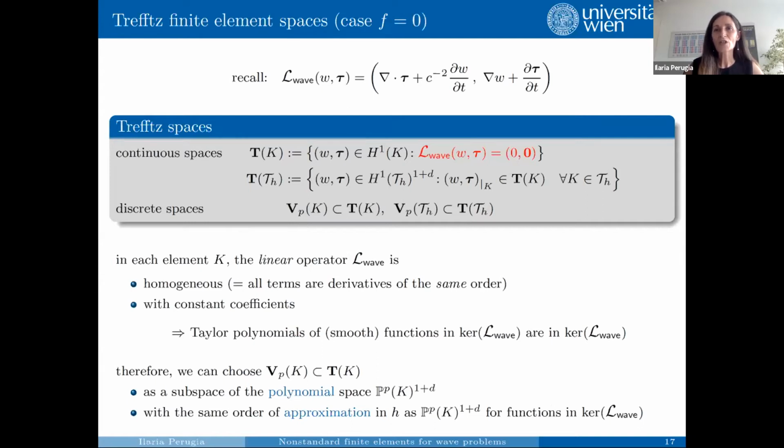So when you have functions in the kernel of the wave operator, you can reach the same accuracy as in the full space, but just in a subspace.